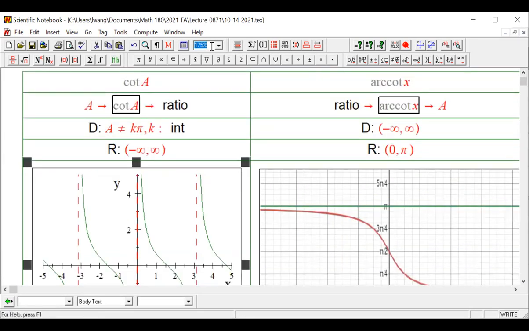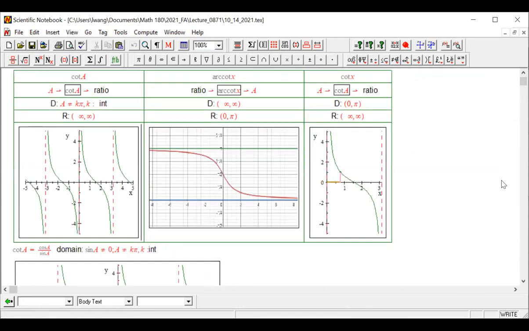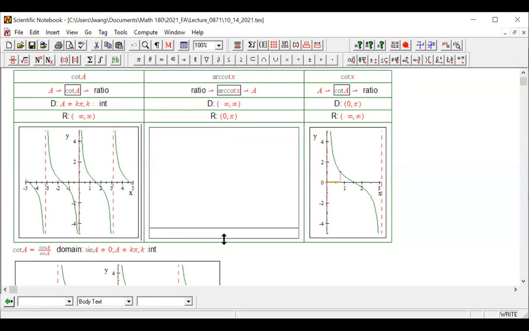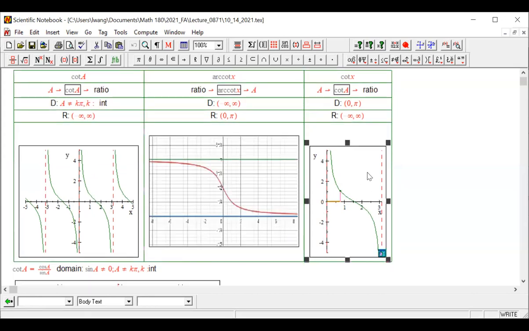Yes. Okay, thank you. Let me make it a little smaller so you can see everything. The cotangent we refer to has this domain and range. ArcCotangent and the first cotangent in the first column are not inverse to each other. And the last one is the inverse function to ArcCotangent, but this latter one is often not explicitly mentioned.